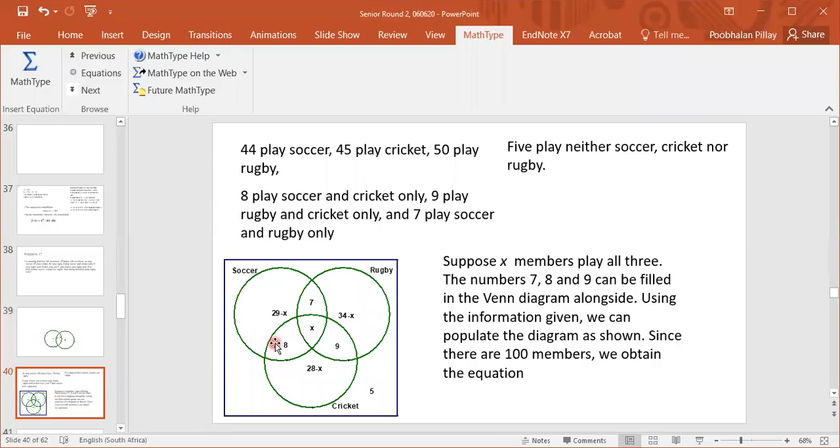Now the actual problem is you've got three things. You've got soccer, cricket, and rugby. So you've got three different sports. And for those three different sports, I have to draw three circles, as we see here in this diagram. Now last week, one of the learners, you know when we did the problem on carpets, right?